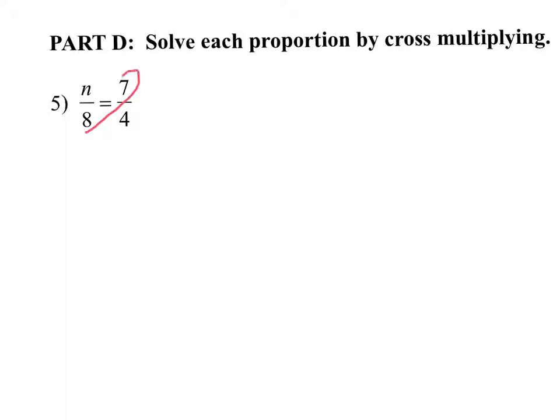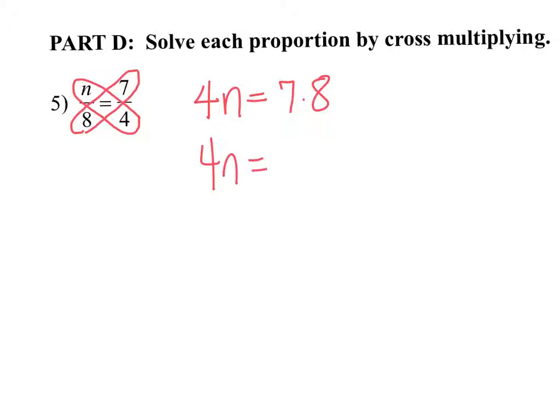You cross multiply like this. So when you have two fractions that are equal to each other, you can solve for a missing variable by cross multiplying. So n times 4 is 4n equals 7 times 8. So 4n equals 56.